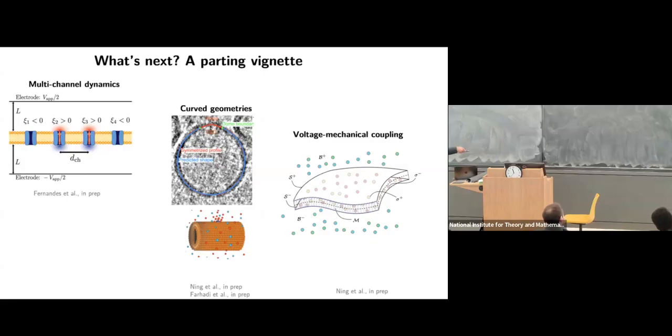Curved geometries, I described spheres. We're also interested in axons. And then the thing that I've not described here is that ultimately the membrane is not a flat, rigid thing. It's capable of flowing, it's capable of moving. And so you may ask, how does a voltage-sensitive channel couple to a mechanosensitive channel? That's this question of voltage-mechanical coupling that we are also beginning to think about.